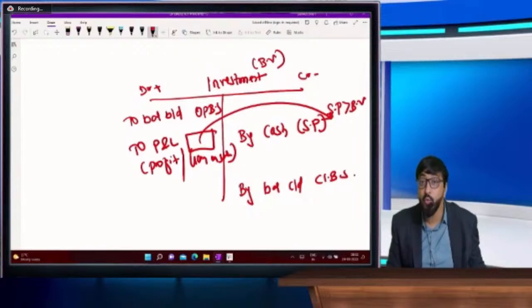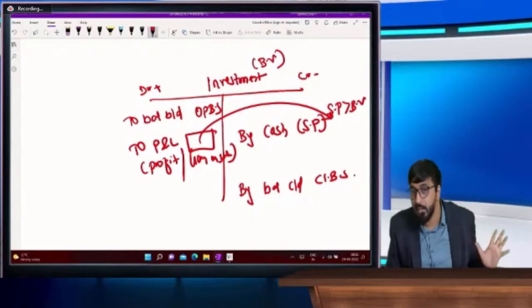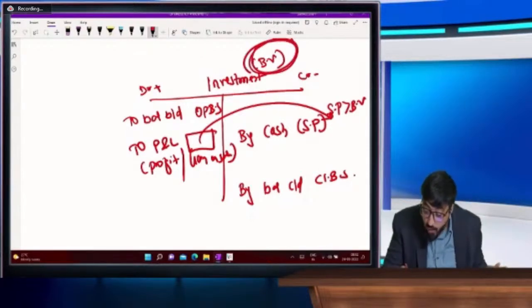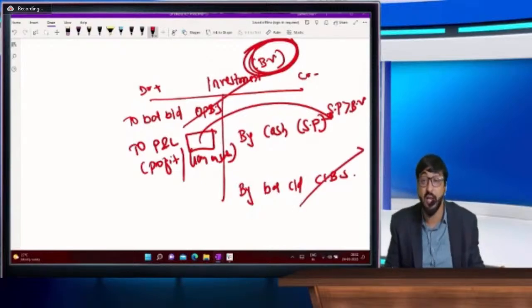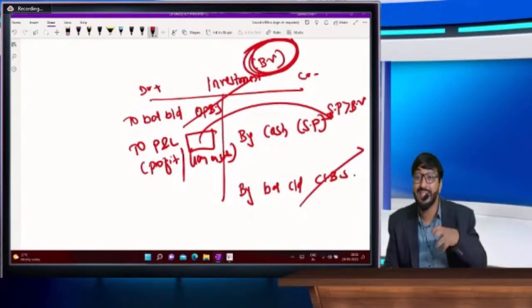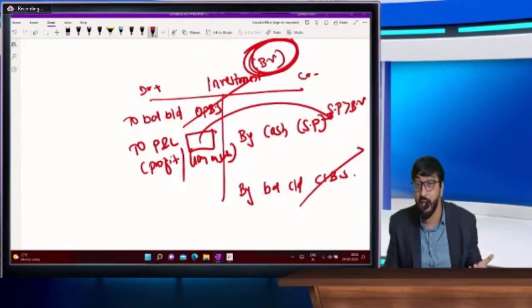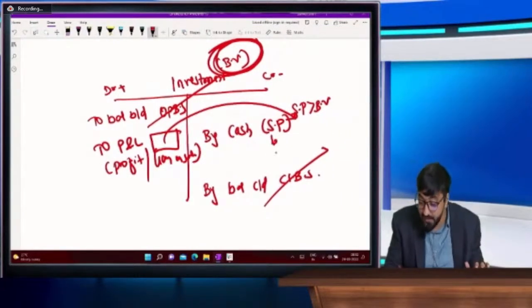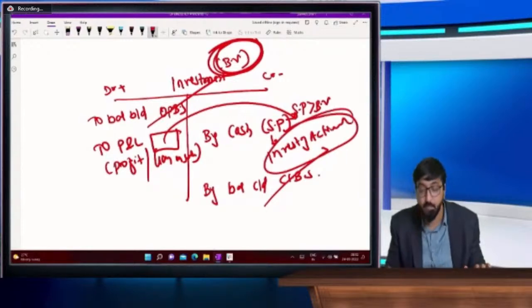why do I have to write P&L account in investment account? Logic is very simple. Because investment is recorded at book value, this opening balance and closing balance sheet are showing it at book value, but when you sell this asset, you are recording it at selling price, and this selling price you will write in the investing activity.